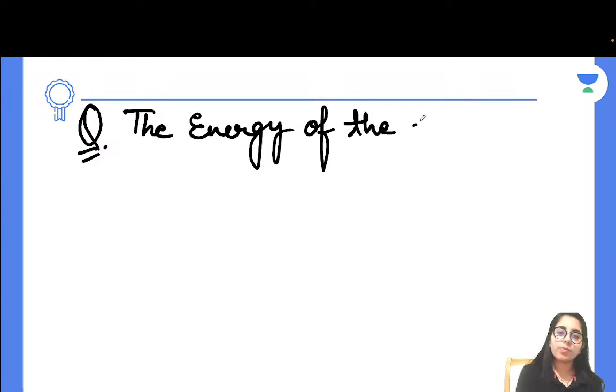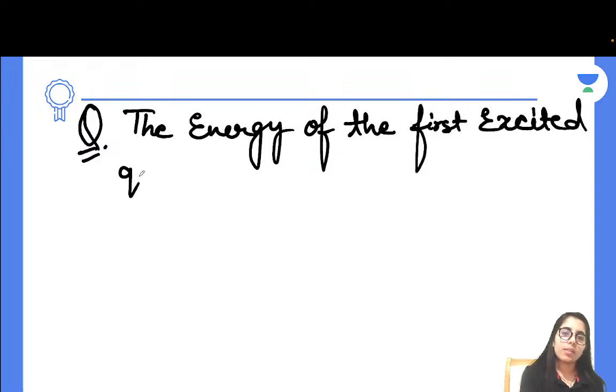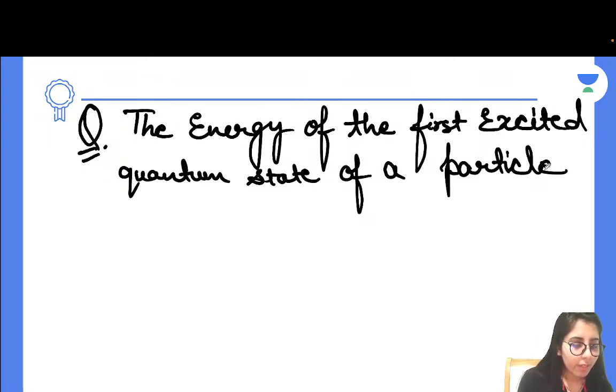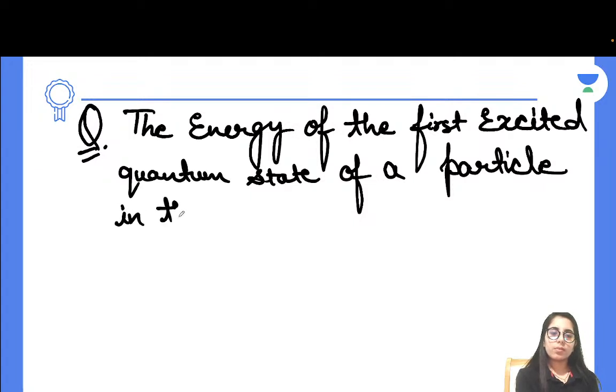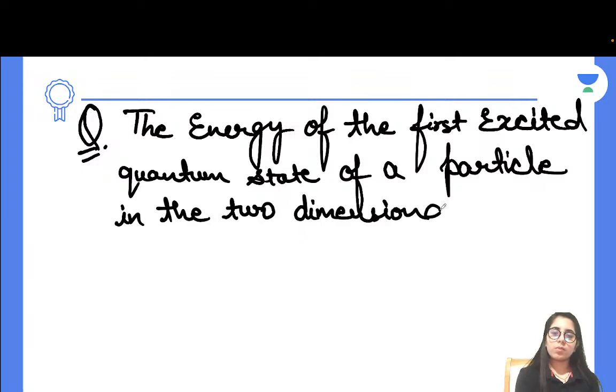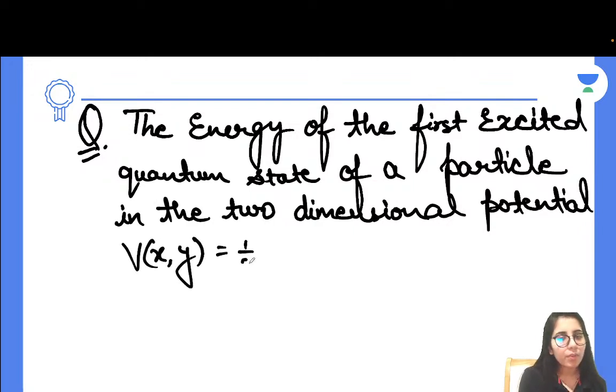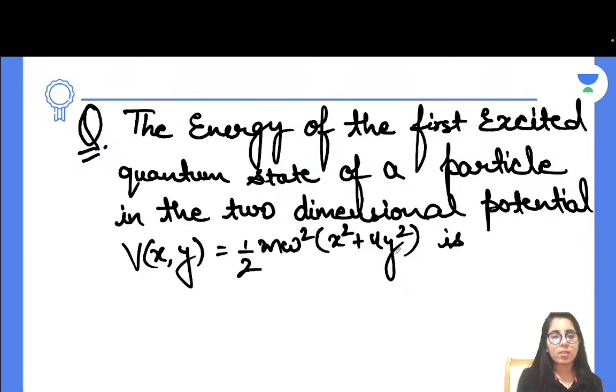The energy of the first excited quantum state of a particle in the two-dimensional potential V as a function of x and y equal to half m omega square x square plus 4y square is.